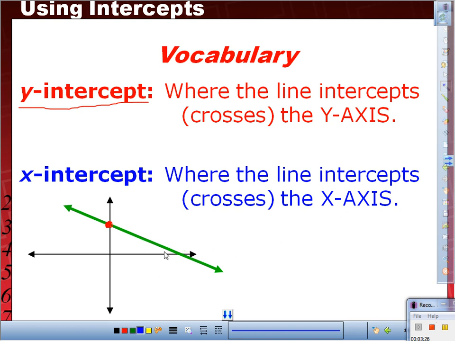It crosses about right there. That's what we call the x-intercept. Does that make sense? The same line crosses at 2 points, at the y-axis and at the x-axis. If it crosses at the y-axis, that's the y-intercept. The x-axis, that's the x-intercept. Are we there so far?